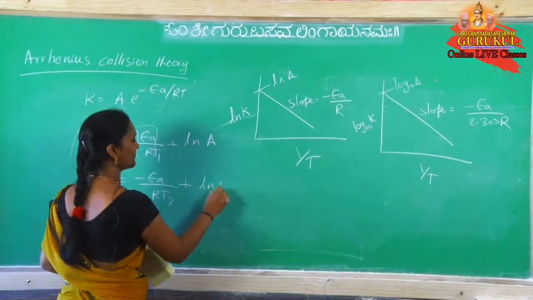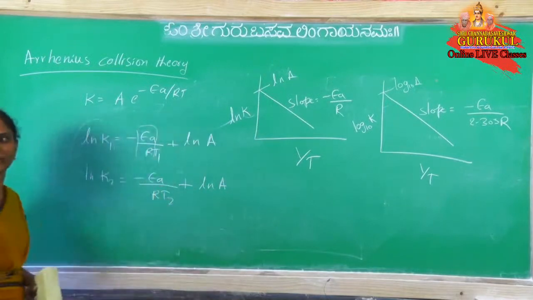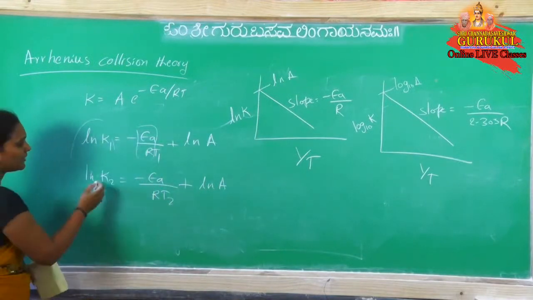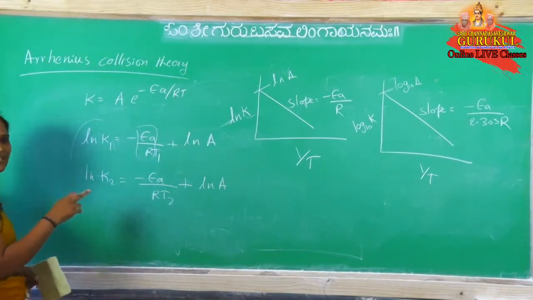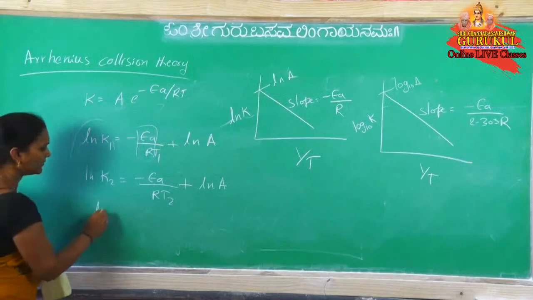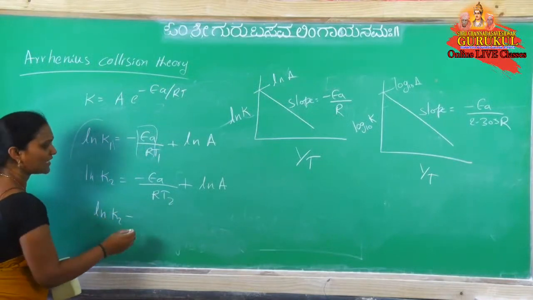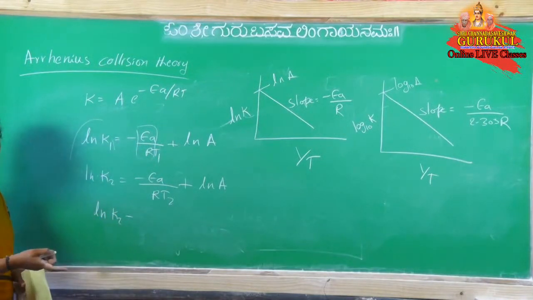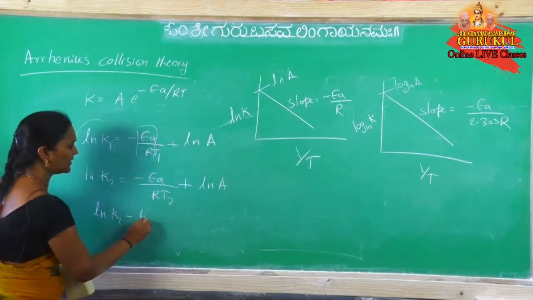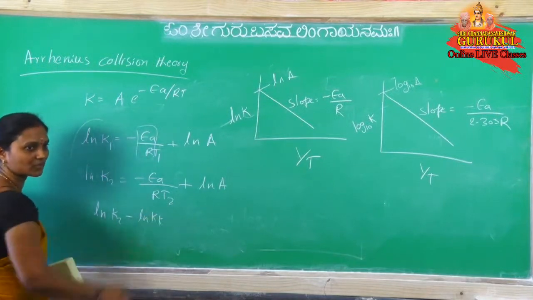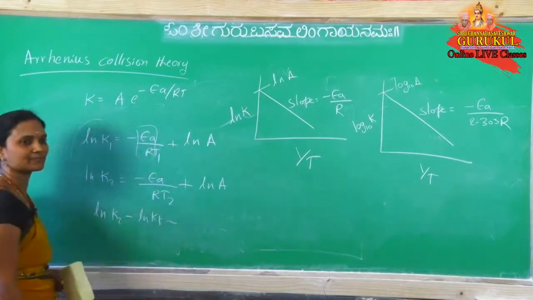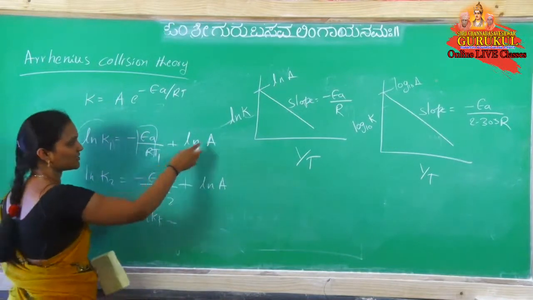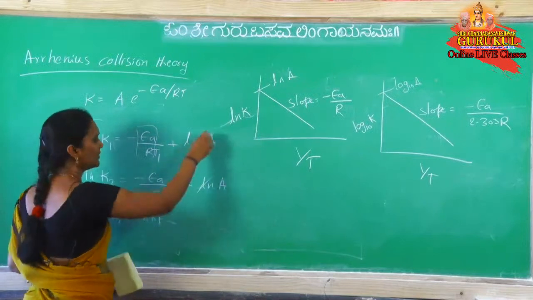Now we want K2 by K1, so what should we do? Because it is a logarithm, ln K2 minus ln K1. The ln A terms cancel out, remove this.